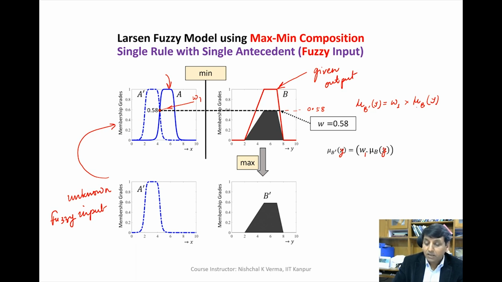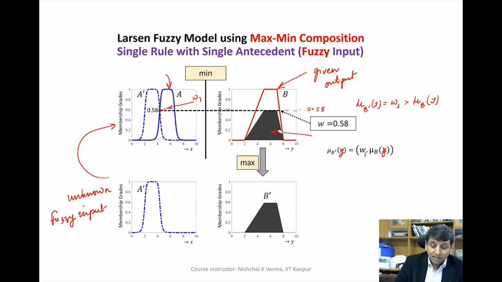With this we have got the output fuzzy set, which we have got just by multiplying W1, the weight of the fuzzy rule, with mu B y. Since we have only one antecedent and only one rule, it means there is no other rule, so we cannot take the max.